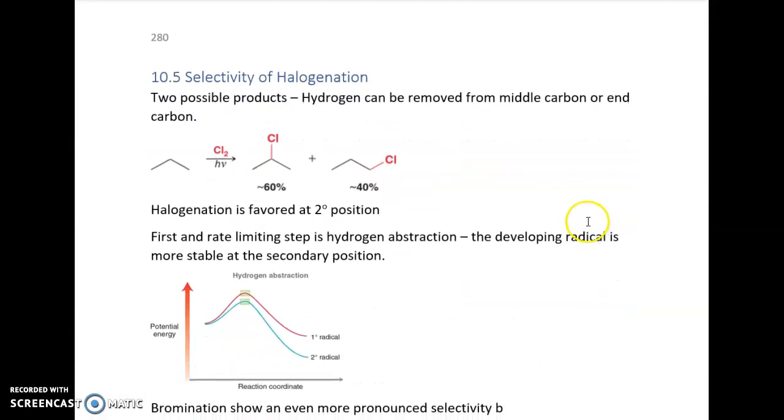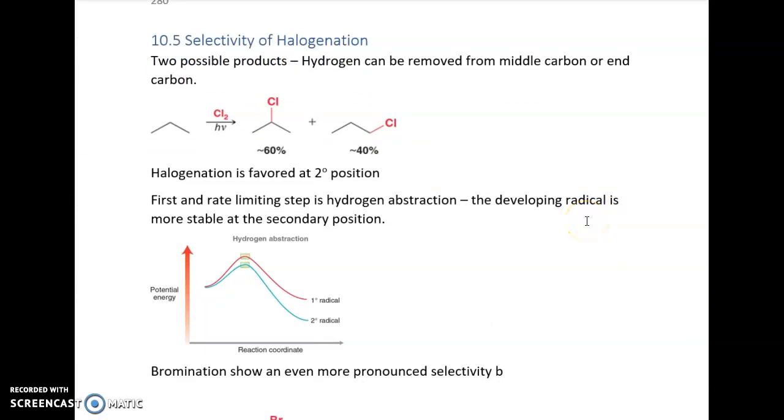We're going to use this hump to explain the selectivity of halogenation. If you're going to add a halogen, you can remove the hydrogen from the end, and then you get this compound. Or we can remove the hydrogen from the middle.